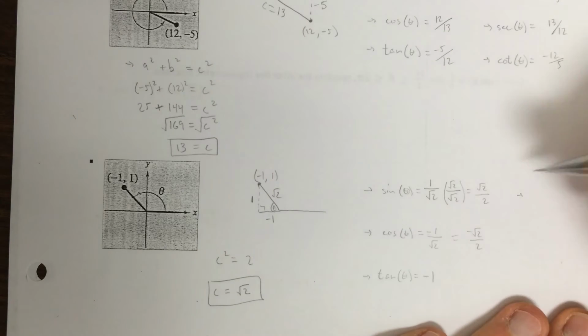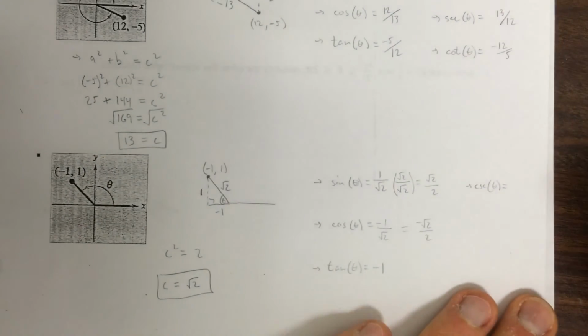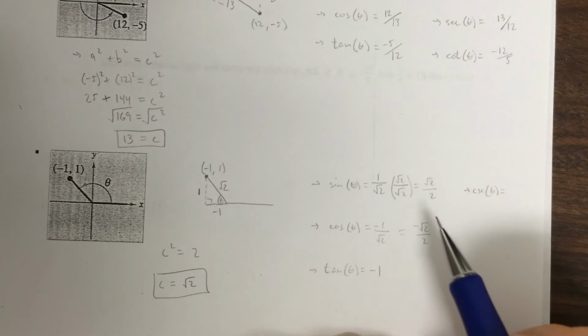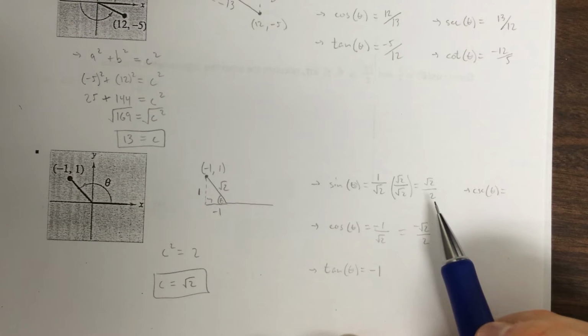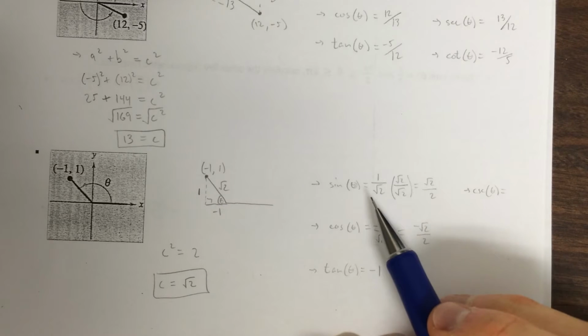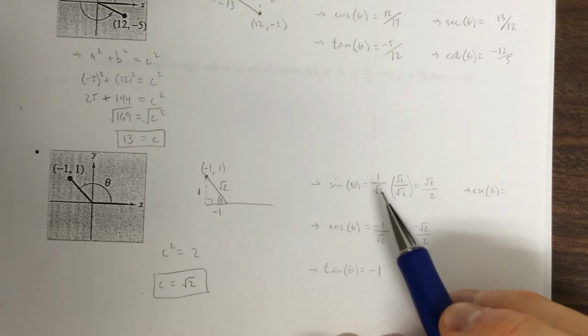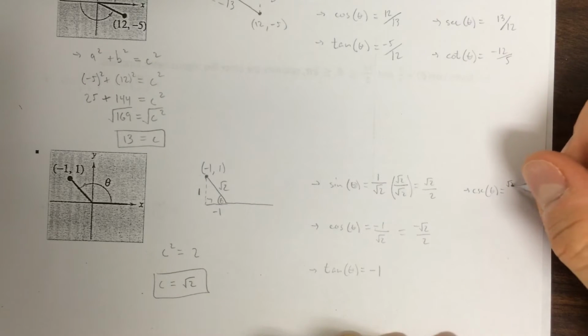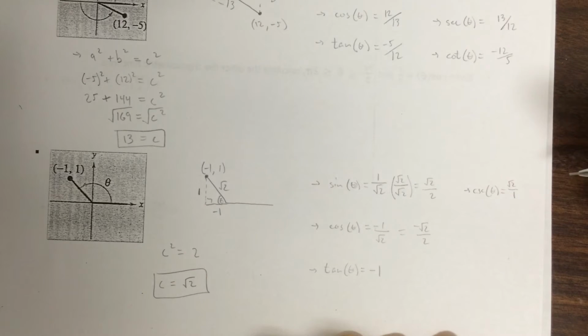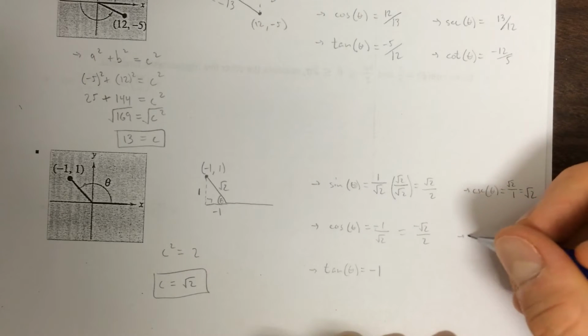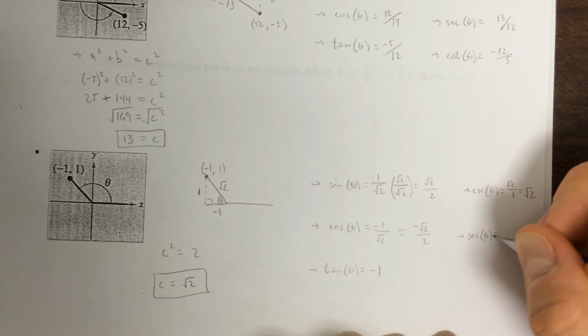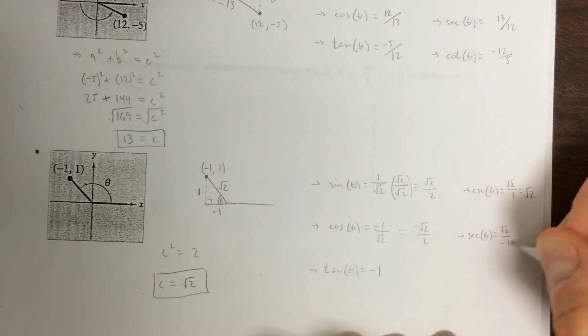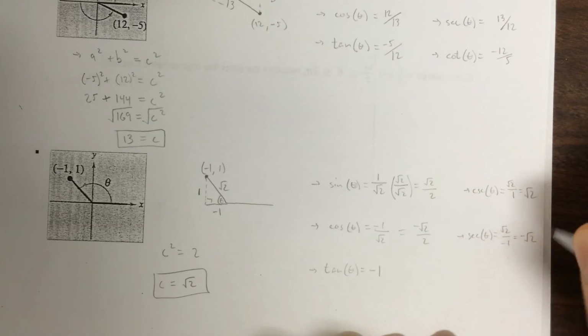Now I can find cosecant of theta. Just a quick trick. We could go here, reciprocal, rationalize all of that. Or we could just go here. This is what we originally had. Let's say that, square root of 2 over 1. But square root of 2 over 1 is just square root of 2. Secant of theta, similar thing. We have square root of 2 over negative 1, which is just negative square root of 2.